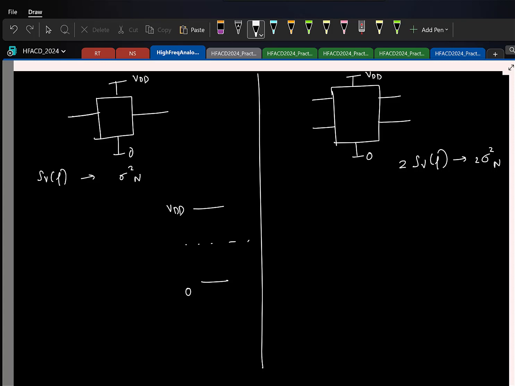It has to be centered around half. What is the maximum amplitude? Not VDD, VDD by 2, right? So what is the maximum signal power? It's (VDD by 2) square by 2, which is VDD square by 8, right?